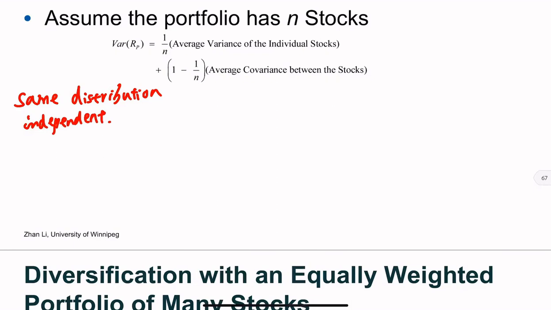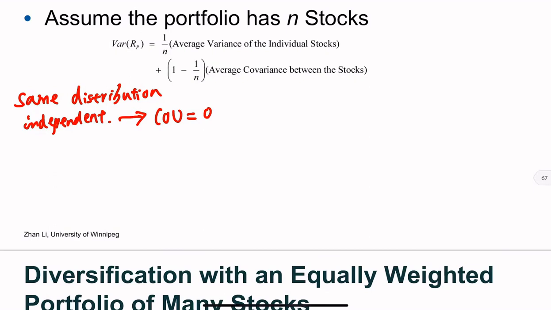Now, if all stocks are independent, this implies the covariance between two stocks is always zero. This is just from the definition of independence. So if X and Y are independently distributed, then the covariance between X and Y has to be zero.